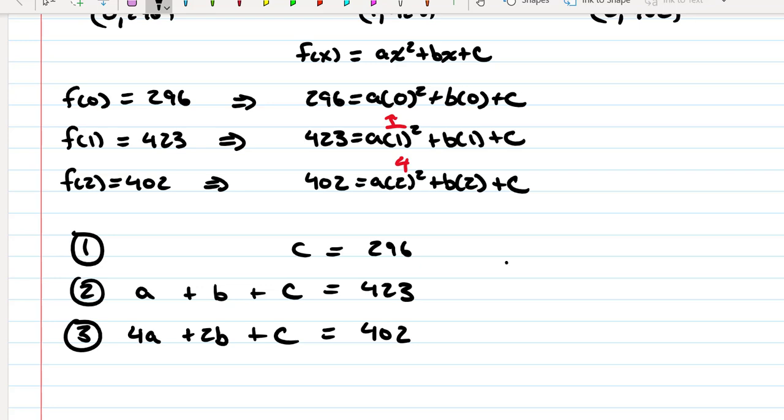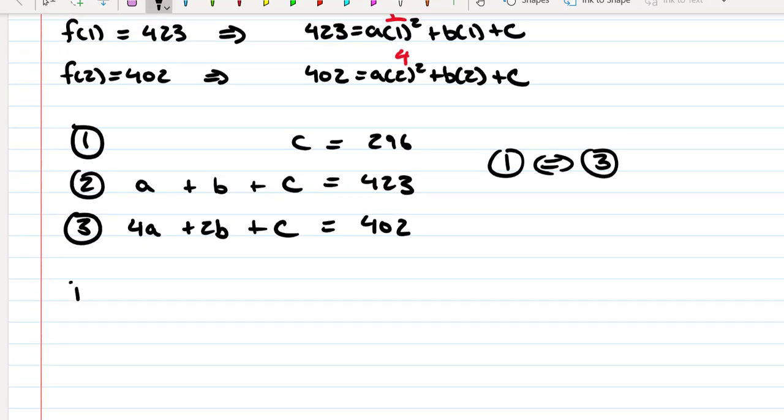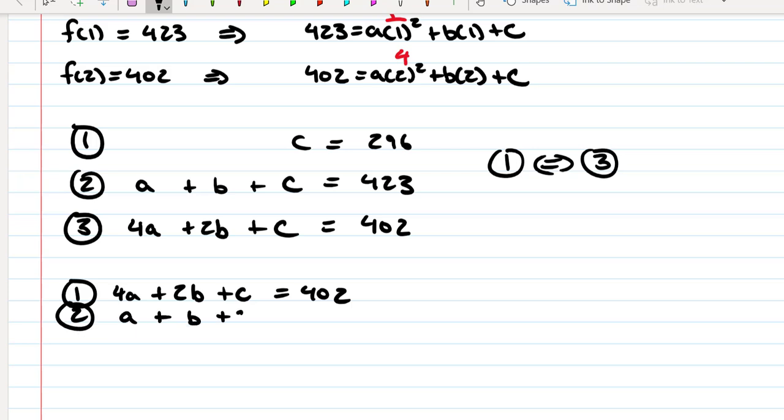That's this one. So I'm going to interchange 1 and 3. When I do so, my new equation 1 becomes 4a plus 2b plus c equals 402. We didn't do anything to equation 2, so it's a plus b plus c equals 423. And equation 3 is c equals 296.